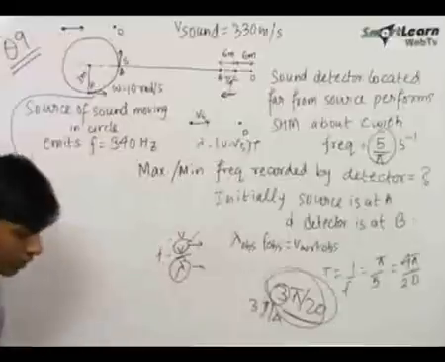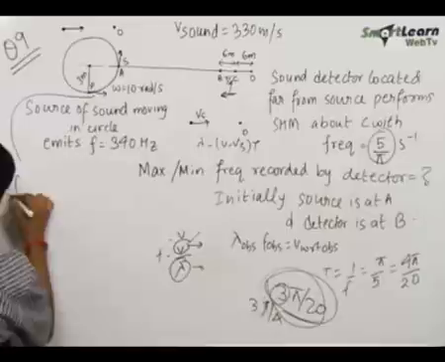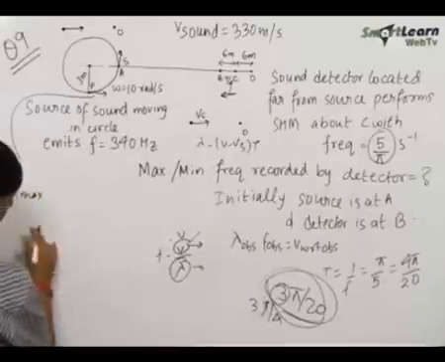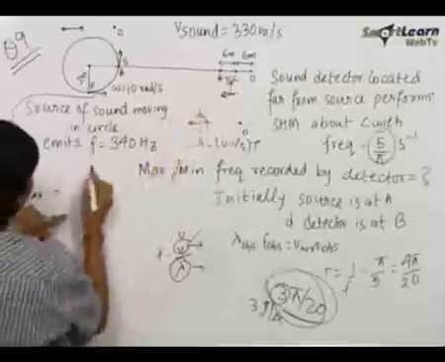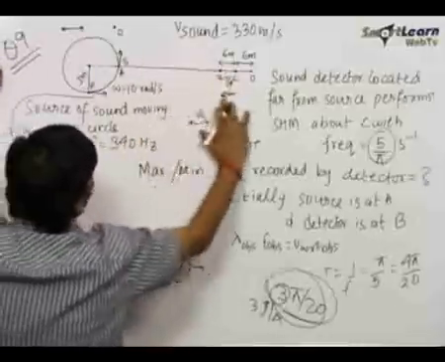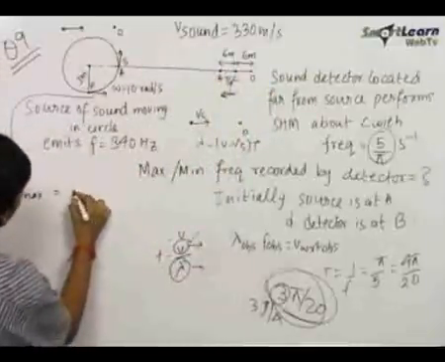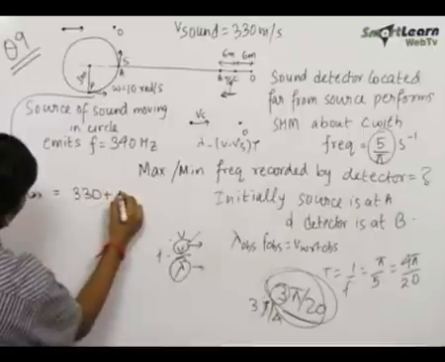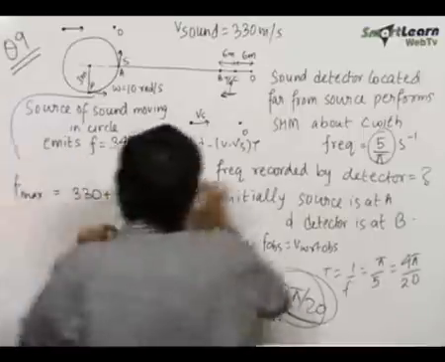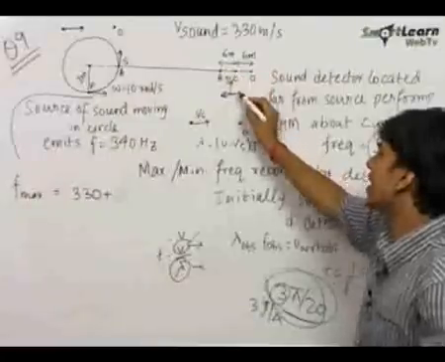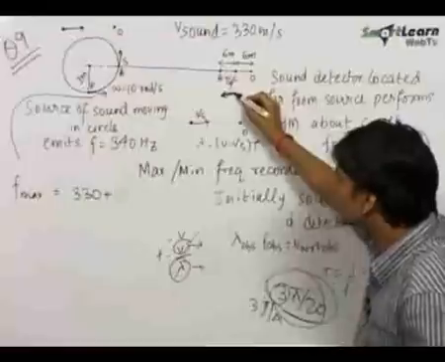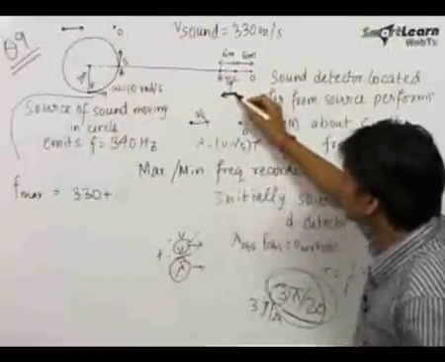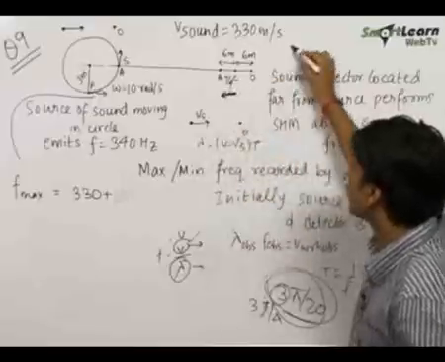Therefore the maximum frequency can be written as velocity of sound with respect to observer at this point, that is equal to velocity of sound plus the velocity of observer, that is 330 plus A omega, because this particle is executing SHM and is at its equilibrium position, and the velocity of the observer is maximum at the equilibrium position, and that is equal to A omega.